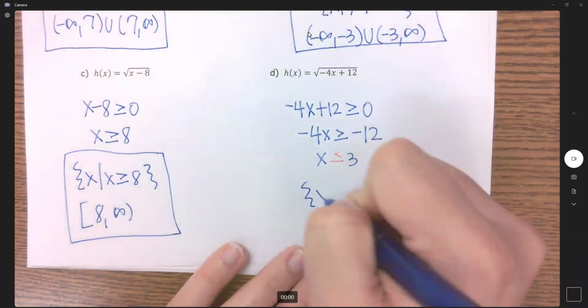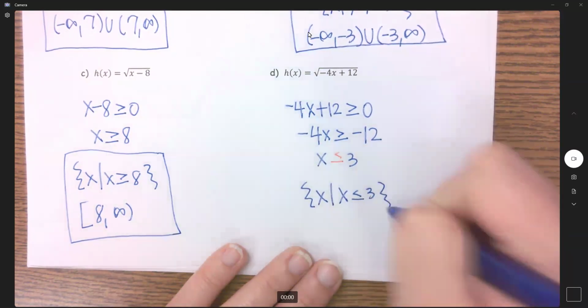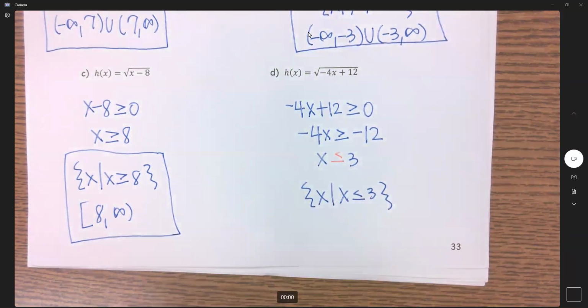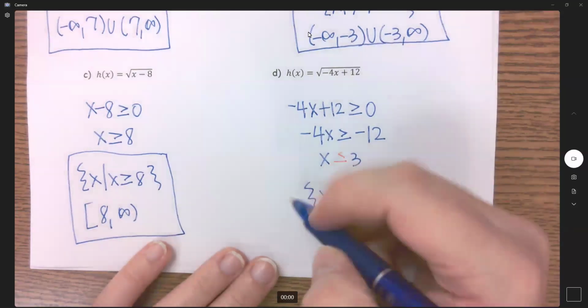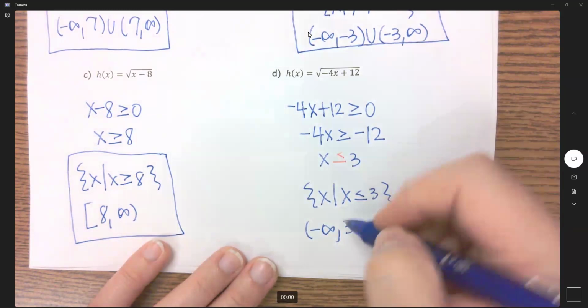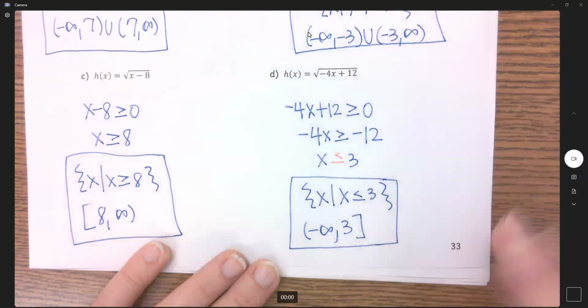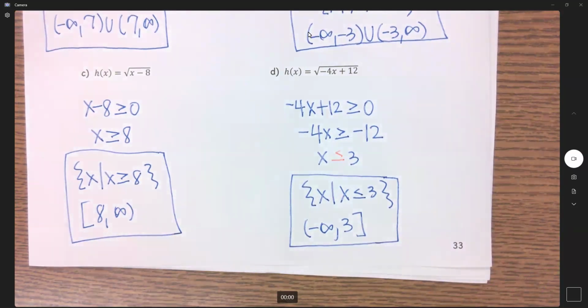So that is the set of all x such that x is less than or equal to 3. And in interval notation, we're talking about everything less than 3, so negative infinity to 3, and because it's or equal to, with a bracket.